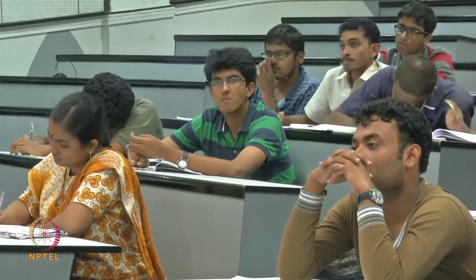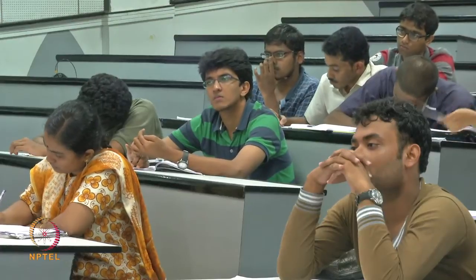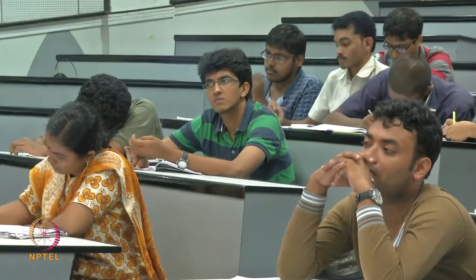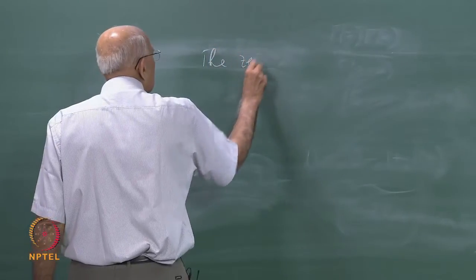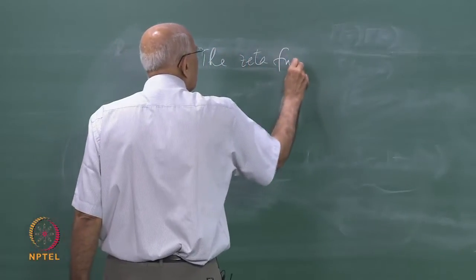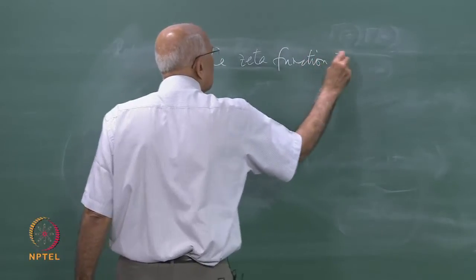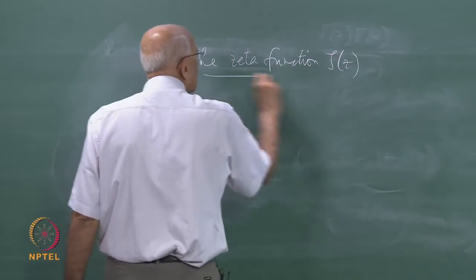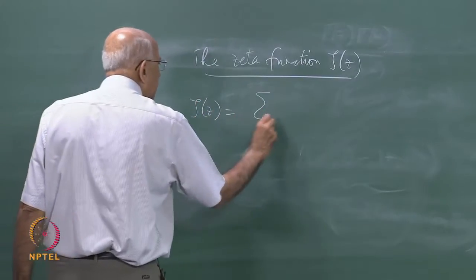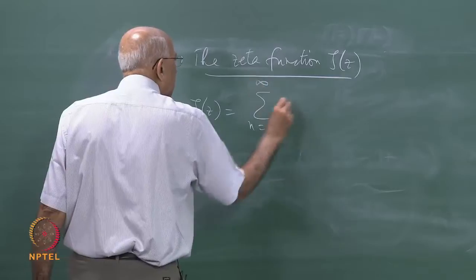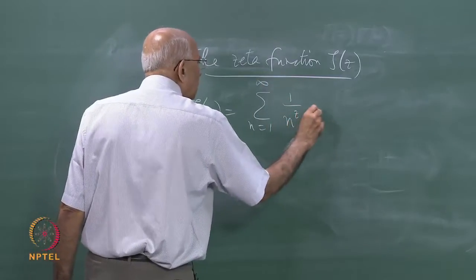This is the Riemann zeta function, and I recall some properties which we had deduced a little earlier. Recall that we defined zeta of z to be the summation n equal to 1 to infinity of 1 over n to the power z.